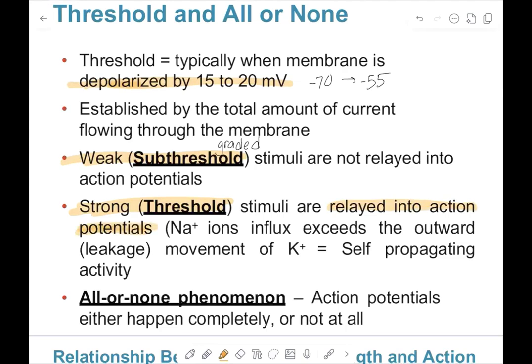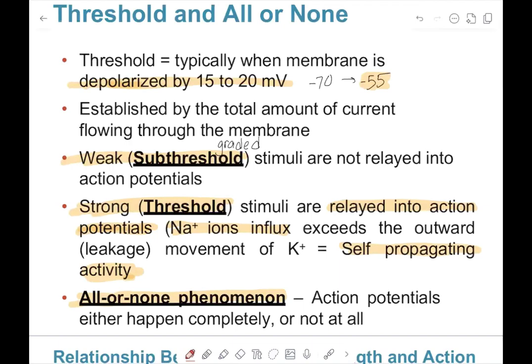So the sodium ion influx exceeds the outward leakage movement of potassium. So it's a self-propagating activity. And because of that, we call this the all or none phenomenon because every action potential looks the same. And as long as it reaches threshold, that magic number of negative 55 millivolts, we have an action potential.